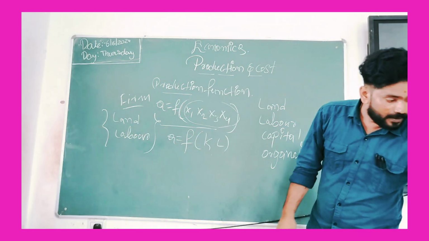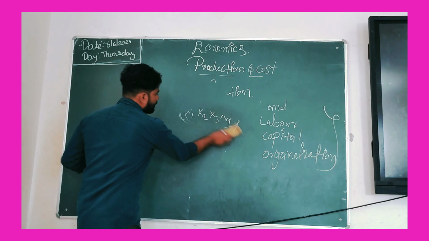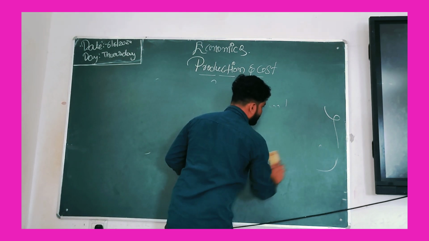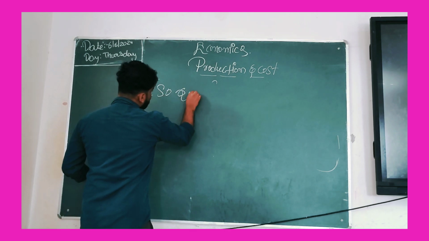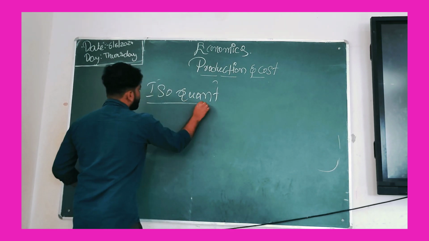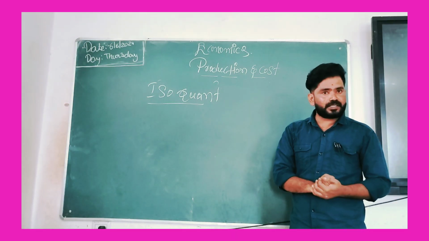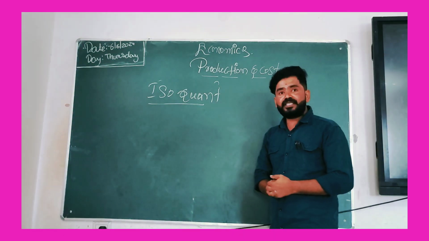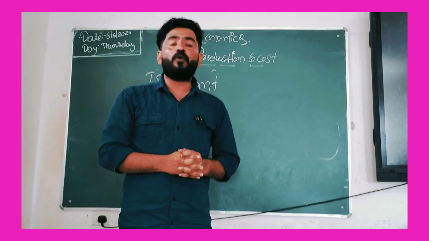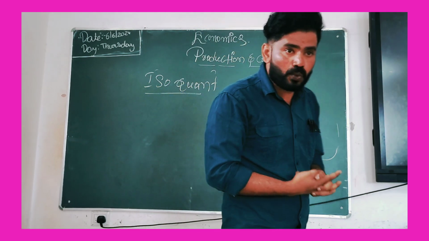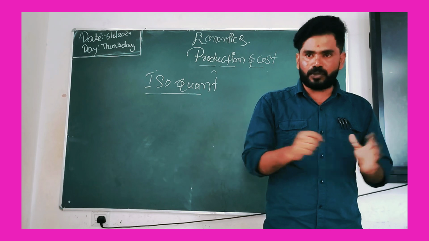Next topic, very important: isoquant. In this lesson, the next topic is isoquant. Isoquant refers to a set of various possible combinations of two inputs that yield the maximum level of output.